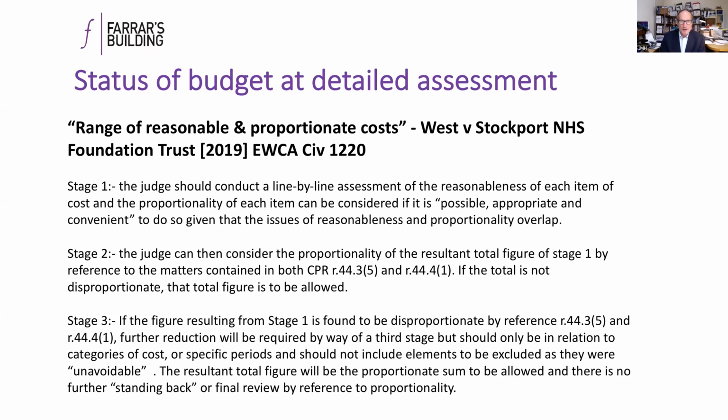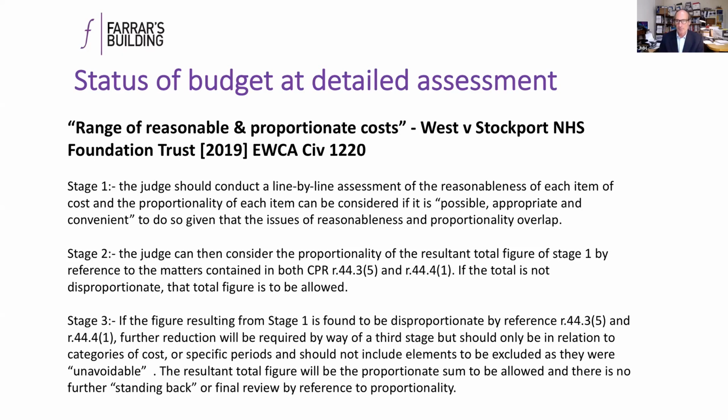What about range of reasonable proportionate costs and the question of overarching proportionality? It looks like there is something of a look-see coming in consequence of West versus Stockport NHS Foundation Trust. This seems to run somewhat counter to the approach in Harrison, which was hoping that there would, to all intents and purposes, be a significant degree of finality with regard to budgeted costs.